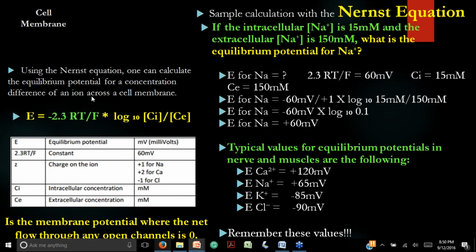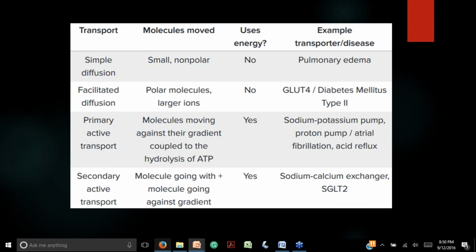So in conclusion, what I want you to know about this equation is that it calculates what the flow of potassium or sodium is going to be at resting potential, when we don't need it anymore. How much voltage will the membrane achieve in order to stop the flow of these minerals?